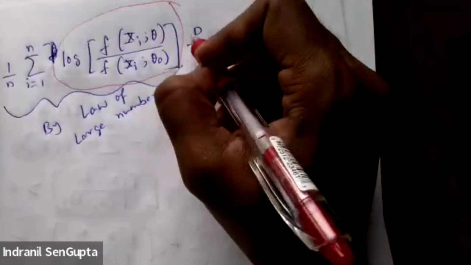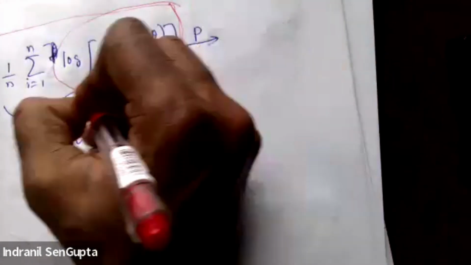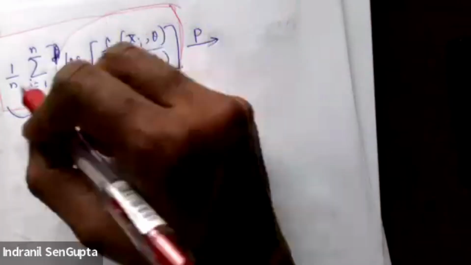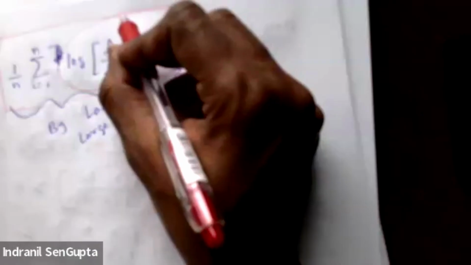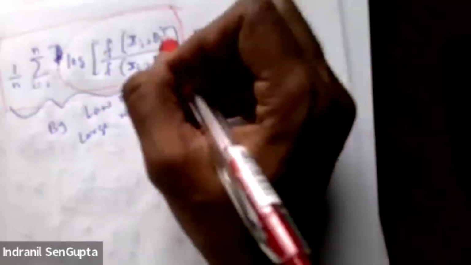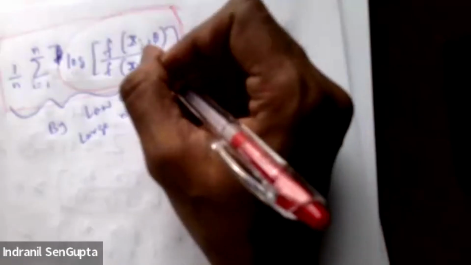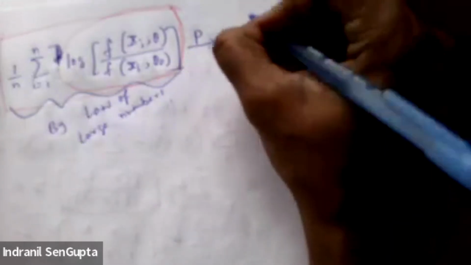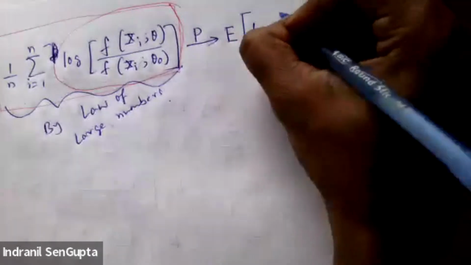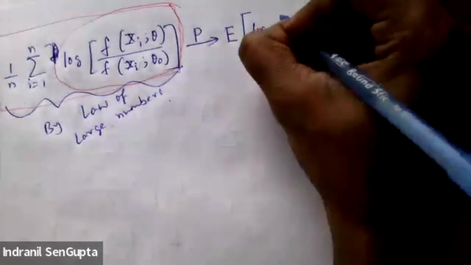So by the law of large numbers, this 1 over n summation goes to the expected value, the mean, of the individual ones. Since they're IID, it goes to E of log of f of, say, a particular one, x1. There's nothing special about x1; you can replace this by x2, x3, whatever. So it's f of x1 theta over f of x1 theta 0.